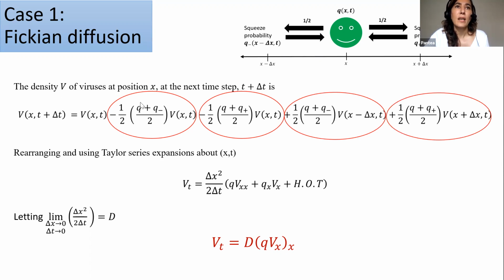So to get Fickian diffusion, we take the average of the squeeze probability from the left and the right, and the average of the squeeze probability from the left and the center, and from the right and the center for each of these. Now, if we rearrange and use a Taylor series expansion about x, t, and we let delta x and delta t go to 0, we can derive the Fickian diffusion term that most of us are familiar with.